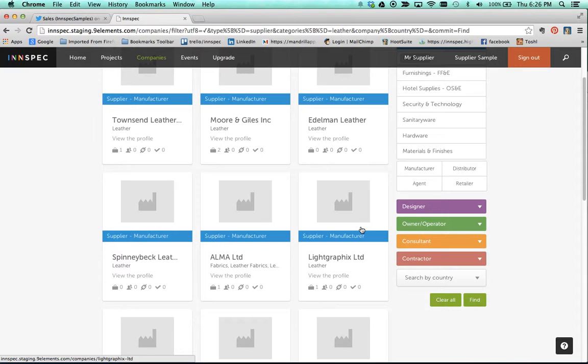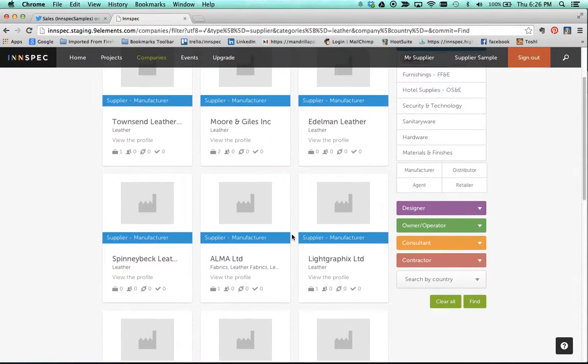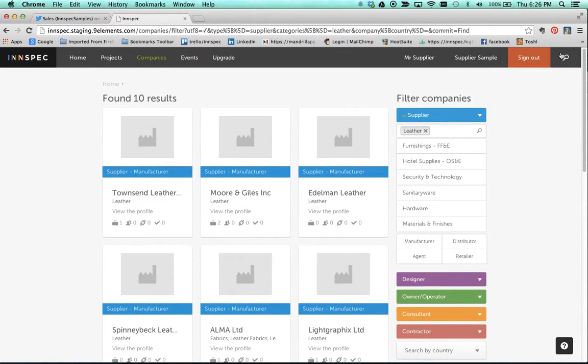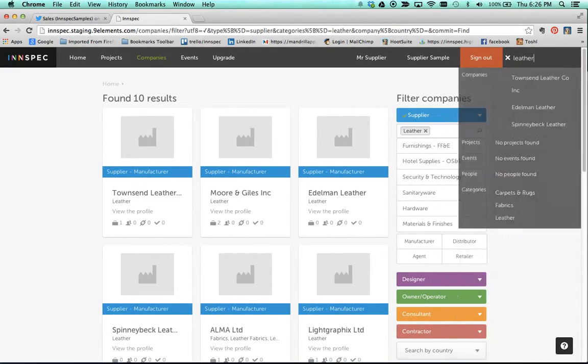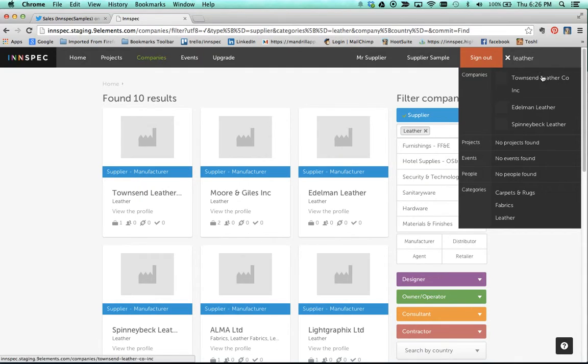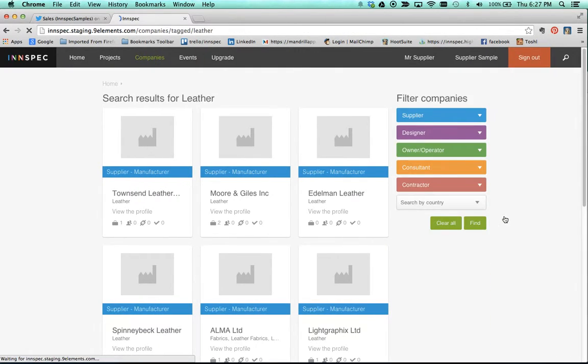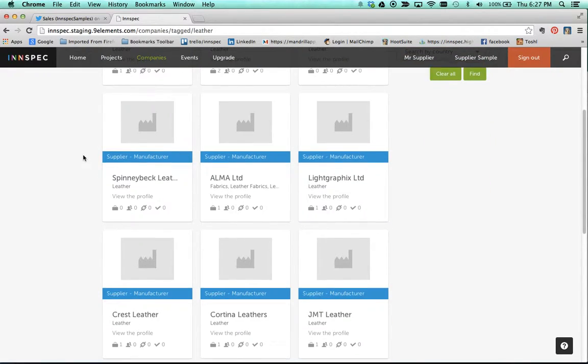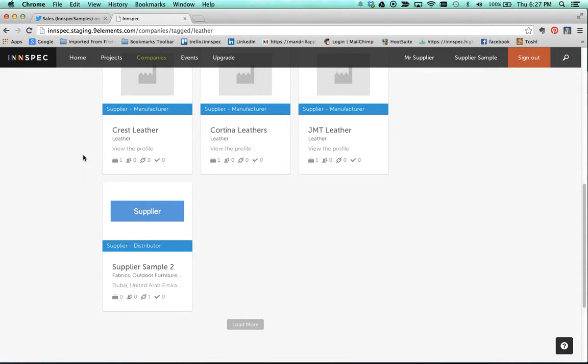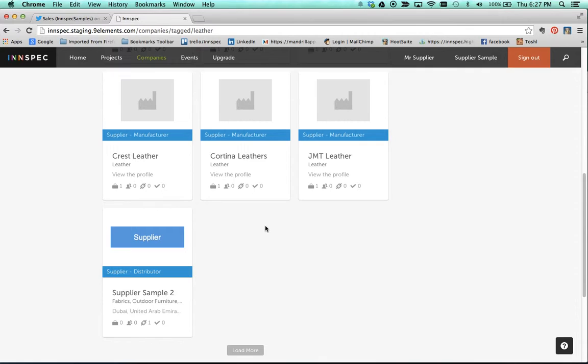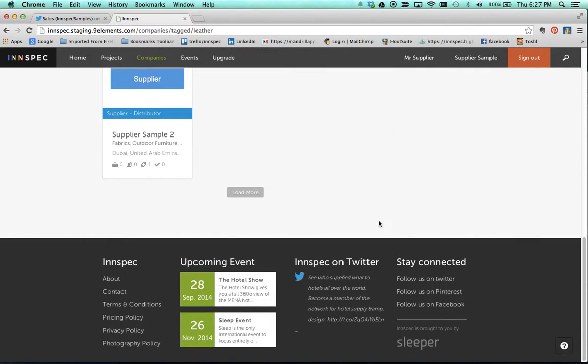So companies, claimable profiles that are on the site at the moment. You could also do it via the spotlight search and say leather here. Here are company names with leather in it. Or via the categories, carpets, fabrics, there we go, leather, and there we go, search results for leather. And these company profiles can be claimed by their respective owners.